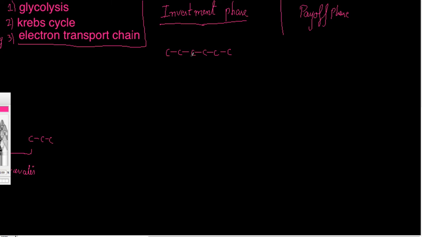We're taking in a glucose molecule, adding ATP into it. So the investment phase comes here. We're adding ATP into the molecule, and as it goes through different levels of processes, we get our pyruvate. So in this phase, we are basically investing ATP. And how do we do that?